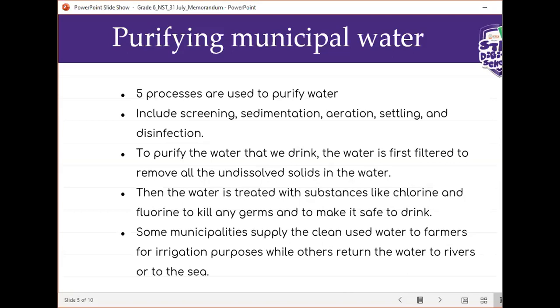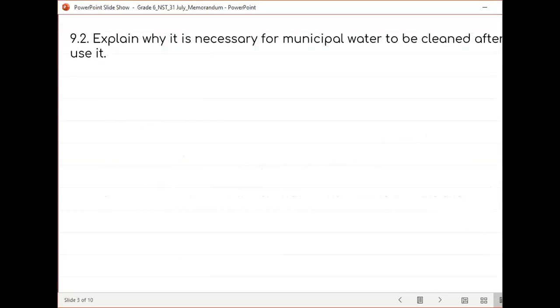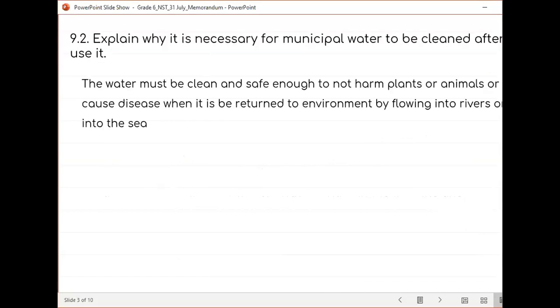And while others return the water to rivers or to the sea. So the reason that you guys should have given on question 9.2, if you had said to the sea, is not to pollute the sea or to pollute the river. Okay, I hope we're all good and we now understand.